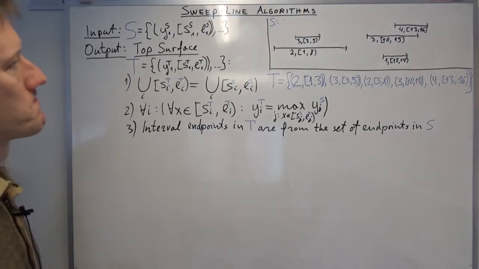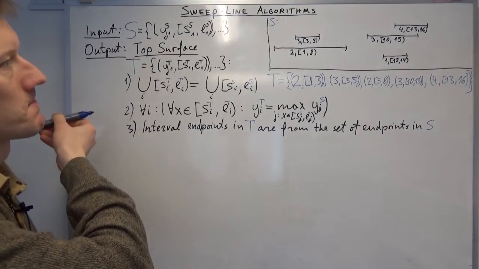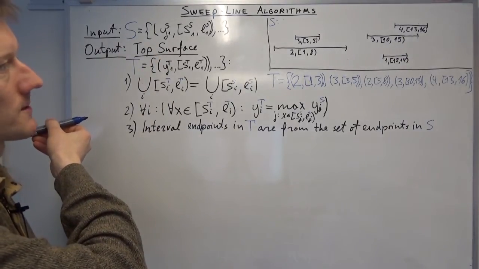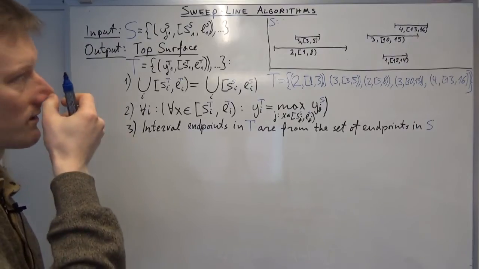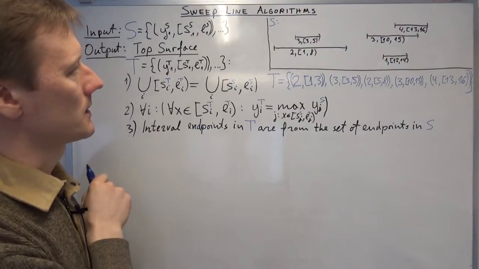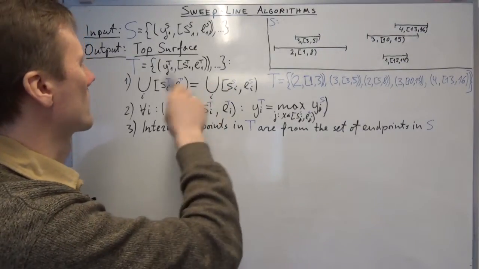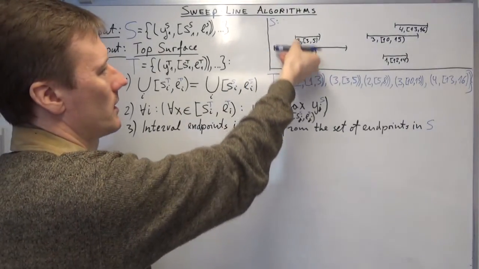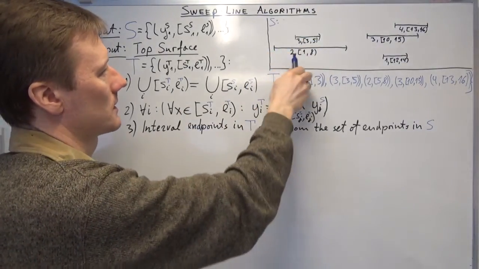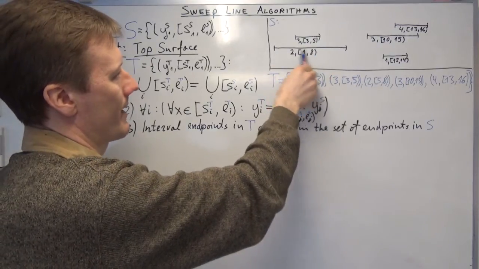So here's the problem. The input of the problem is a set of intervals in 2 dimensions. And the intervals are parallel to the x-axis, and each interval is given by 3 numbers. First is the y-coordinate, where on the y-axis the interval is, for example 2, and then the x interval.